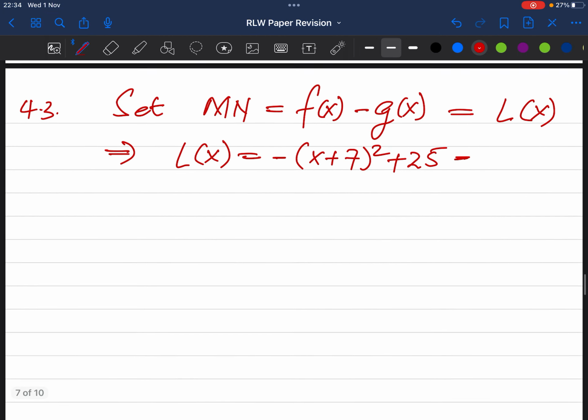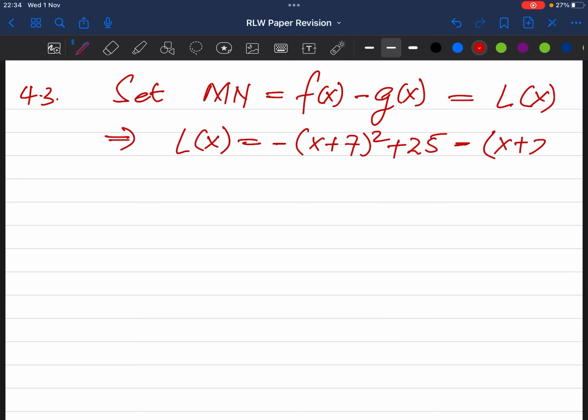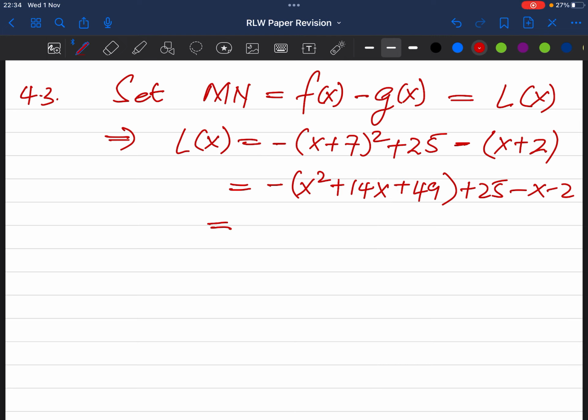So now this is equivalent to negative (x squared plus 14x plus 49) plus 25 minus (x plus 2). Distributing the negative, I'm going to have negative x squared minus 14x minus 49 plus 25 minus x minus 2. Let us group our like terms.